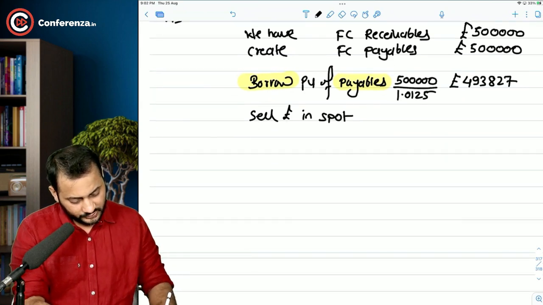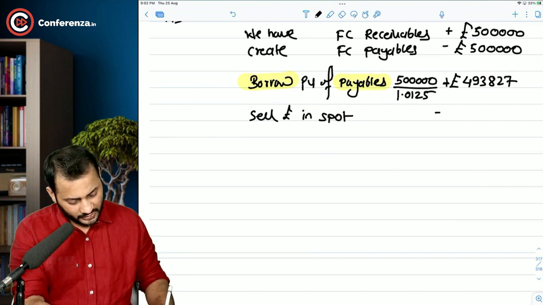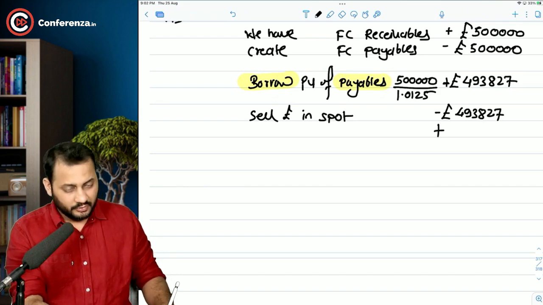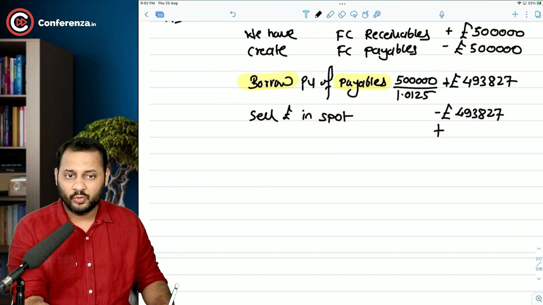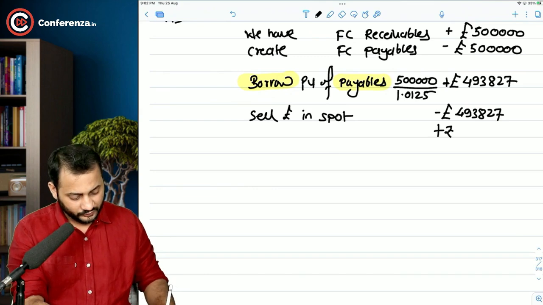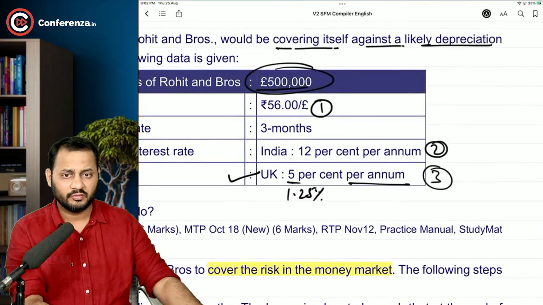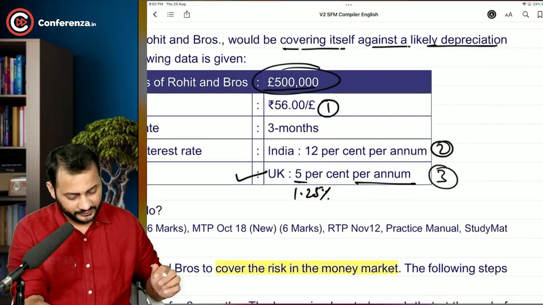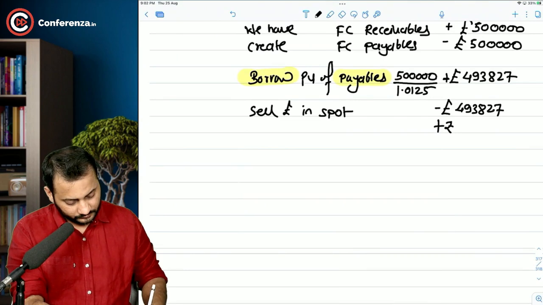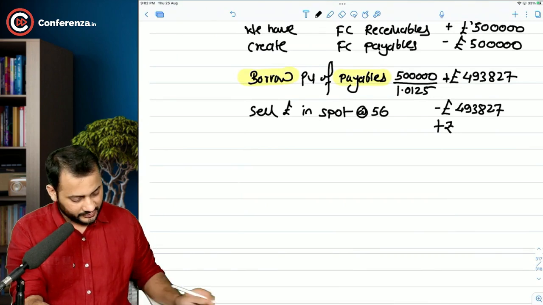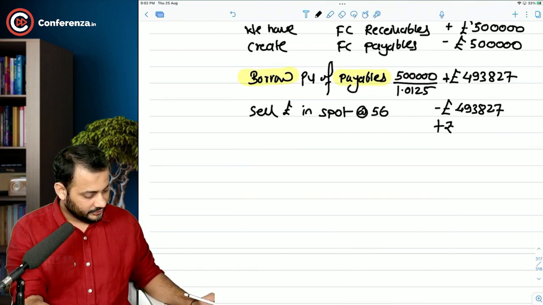So see, this is receivable, this is payable, this is received. Now we will make the payment again, 493,827. And by selling those pound, we will receive rupees. See, what is the rate? 56 rupees. At 56, 493,827 into 56.